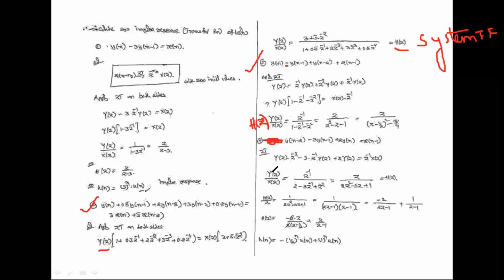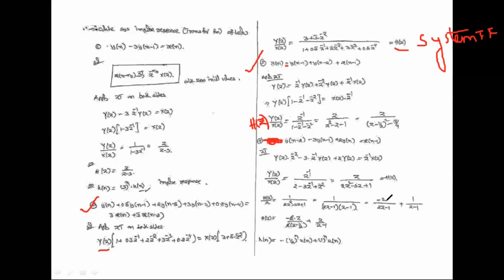So take the Y of z as common in the three terms. Y of z by X of z is equal to z inverse over 2 minus 3z inverse plus z power minus 2. Convert into positive powers: z by 2z square minus 3z plus 1. Write the factors in the denominator, 2z minus 1 and z minus 1.